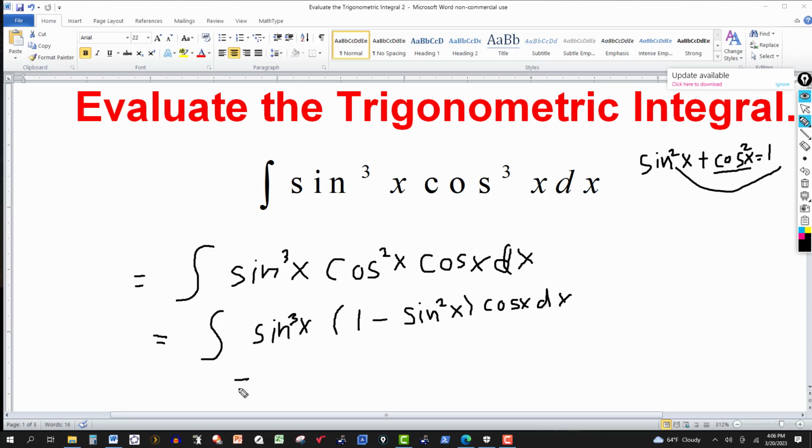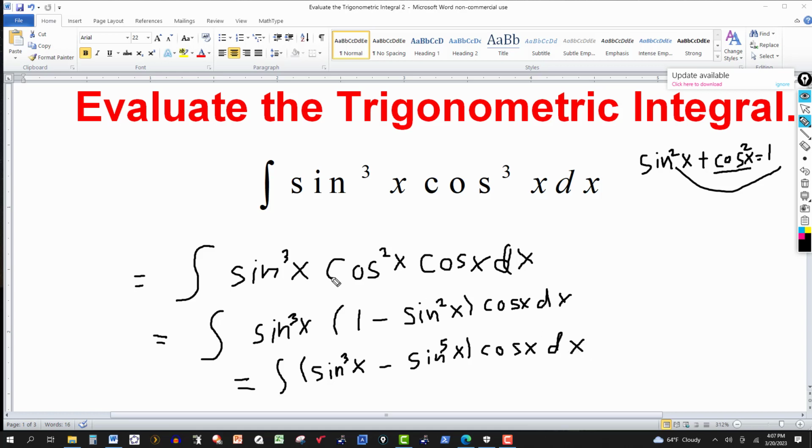So this will equal sine cube x, multiplying the sine cube x by 1, and then multiplying the next term, sine squared, this will give me sine to the 5th here, and then I'll have the cosine of x dx.